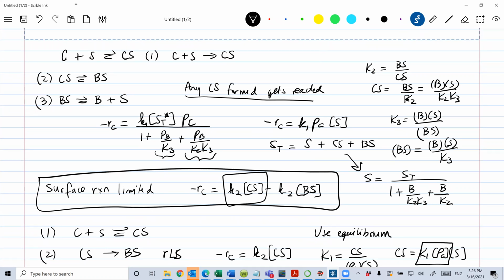I skipped one or two steps really, but does that make sense? Then the S back into the... yeah, exactly. You plug the S back in here. All right, thank you. Mm-hmm.